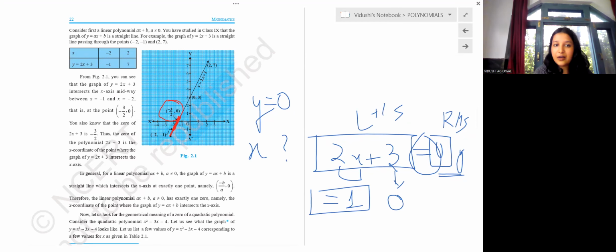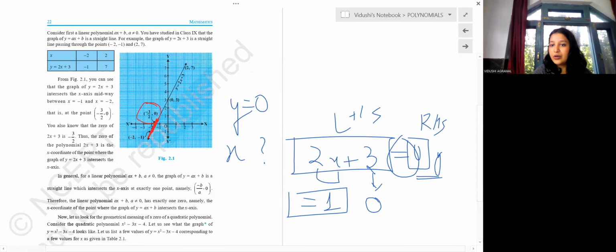Therefore, this equation, y is equal to 2x plus 3, is having only 1 zero, because only one time this graph is intersecting the x-axis. Therefore, our zero shall be 1.